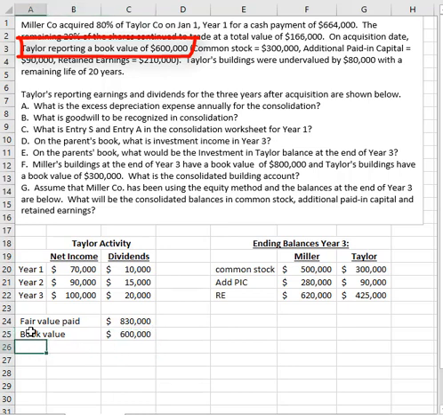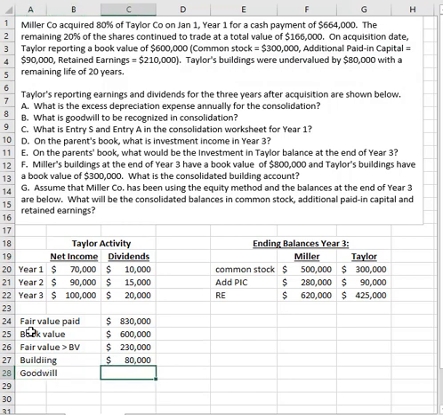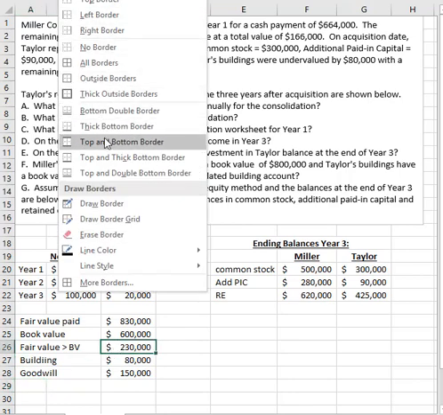And so then the difference, the fair value over book value, is that difference. And so that difference has to be allocated to either items that have a fair value in excess of book value or to goodwill if there's any that are not. So they tell us about the buildings, and those were undervalued by $80,000, so the difference must go to goodwill. So the 230 less the 80 that were identified, so your goodwill here would be the 150.